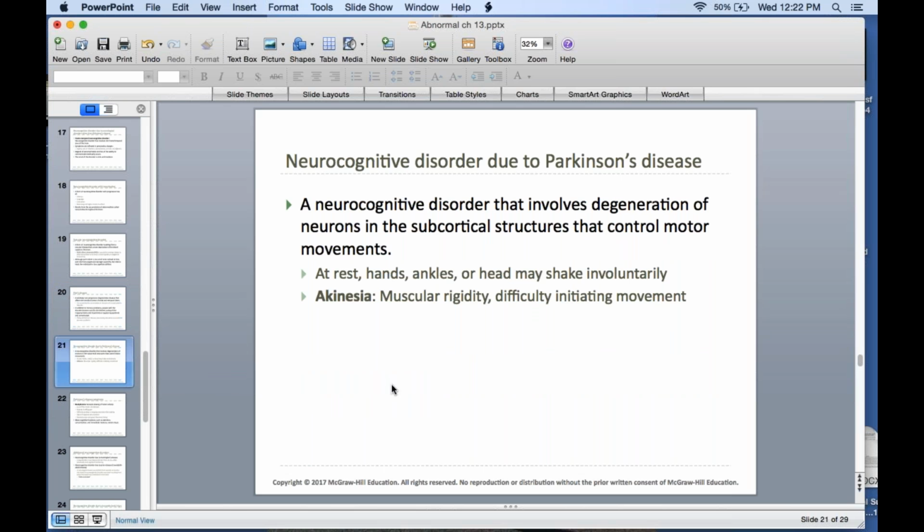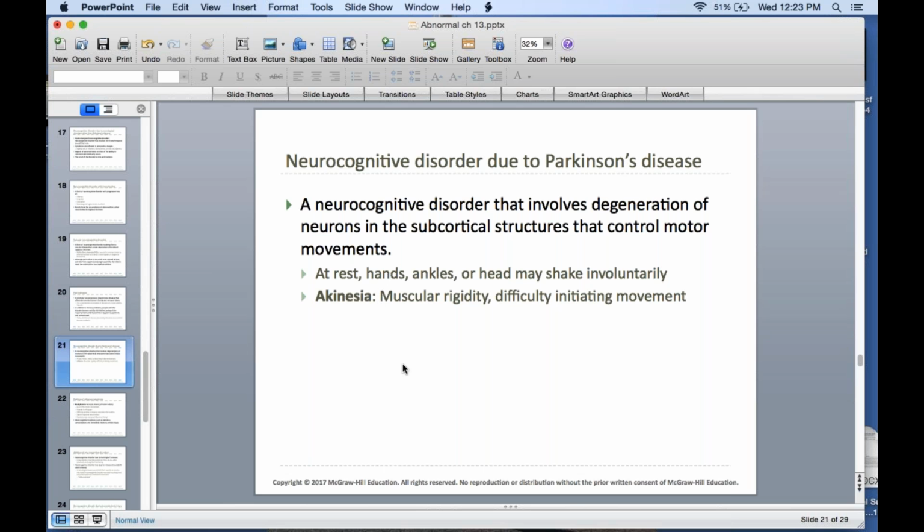Now, we also have neurocognitive disorder due to Parkinson's disease. And Parkinson's disease is more well-known, publicized. This is a neurocognitive disorder that involves the degeneration of neurons in the subcortical structures that control our motor movements. Now, if you remember back to when we talked about schizophrenia, I talked about schizophrenia and Parkinson's disease being on different sides of the dopamine spectrum, let's call it that.